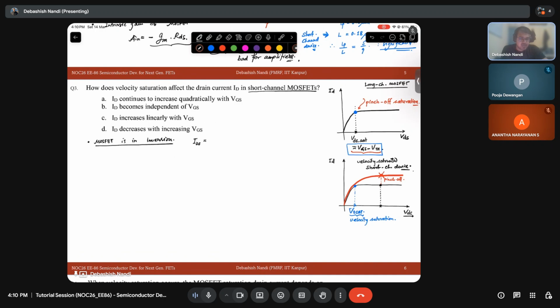Drift or diffusion? In inversion, it is drift, right? So what is the equation? Qn times V times area. This Vd is your mu times E, right? There is only one type of carrier in inversion.